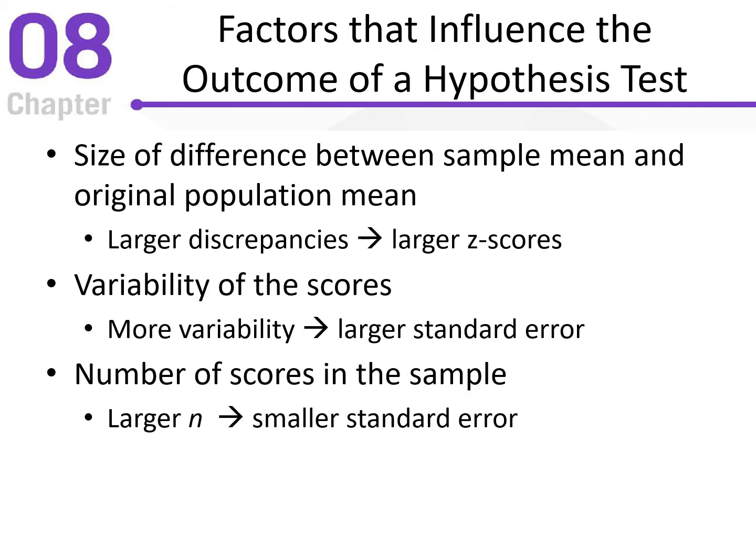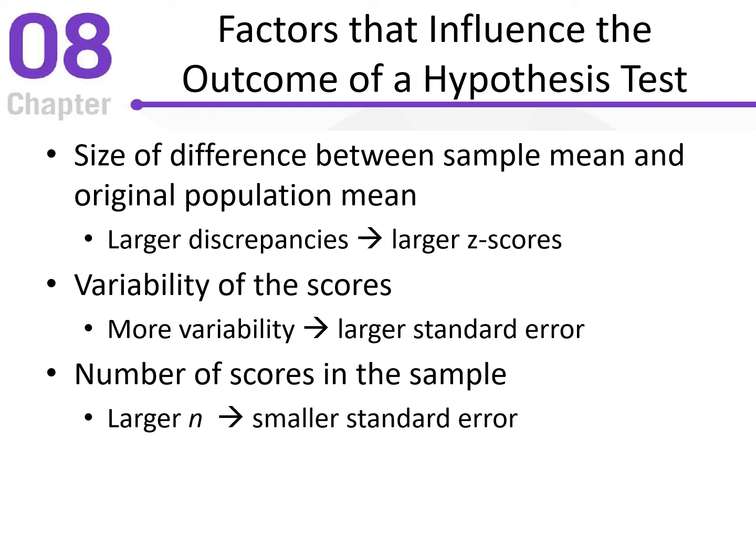If there's a large difference between your sample mean and the population mean, then you're going to have a large z-score, and you're more likely to reject the null. Also, if there's more variability in the population, that means if the variance and standard deviation are larger, you're going to have a larger standard error, and you're going to be less likely to reject the null hypothesis.